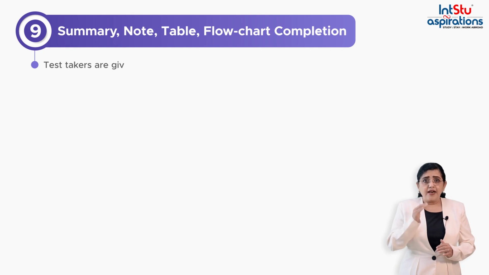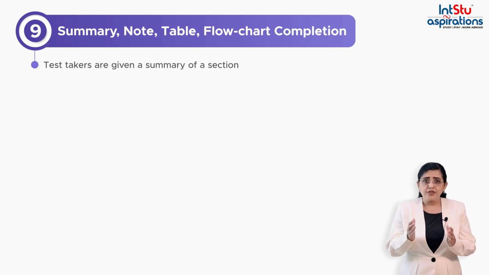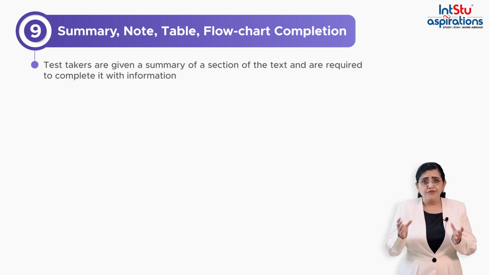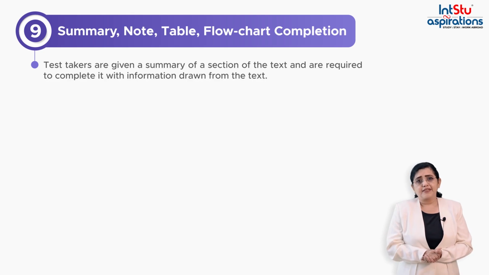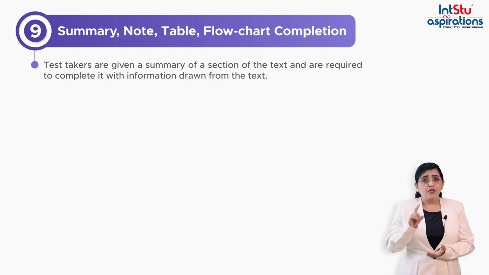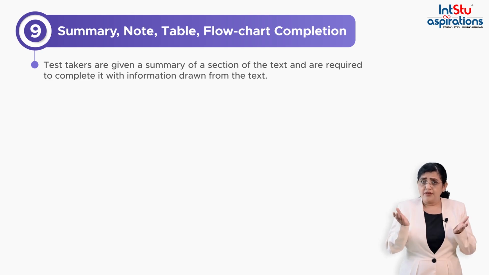Test takers are given a summary of a section of the text and are required to complete it with information drawn from the text. The summary will always be of only one part of the passage rather than the whole.